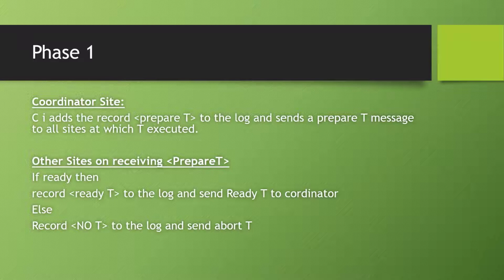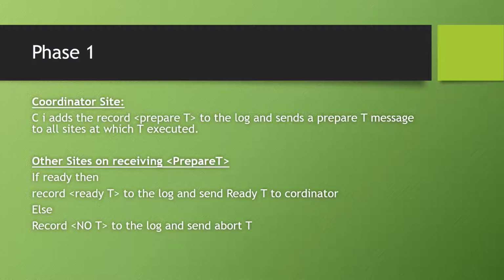For our previous example, the client has requested a money transfer from bank A to bank B. The site in which the request originated has a transaction coordinator. The other sites, that is bank A and bank B, in which the transaction is getting processed, are called participating sites.